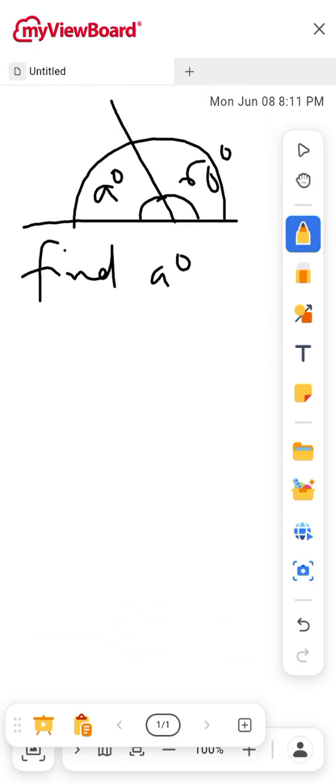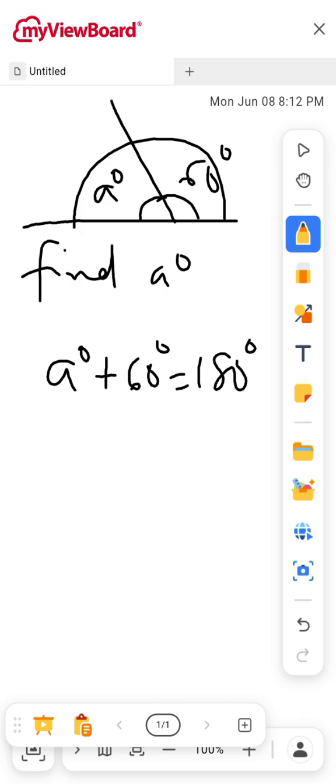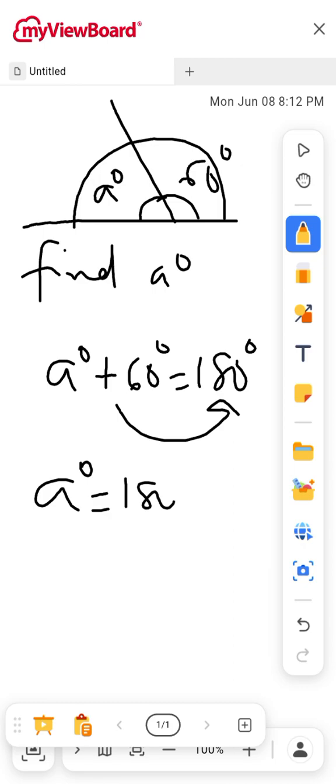That means that the sum of angles there is 180. That means A plus 60 degrees will give us 180. Reason being that the sum of angles on a straight line is 180. This is like a straight line equation that we have been familiar with. Collect like terms, those things that look alike. So our A will be 180 degrees minus 60 degrees.